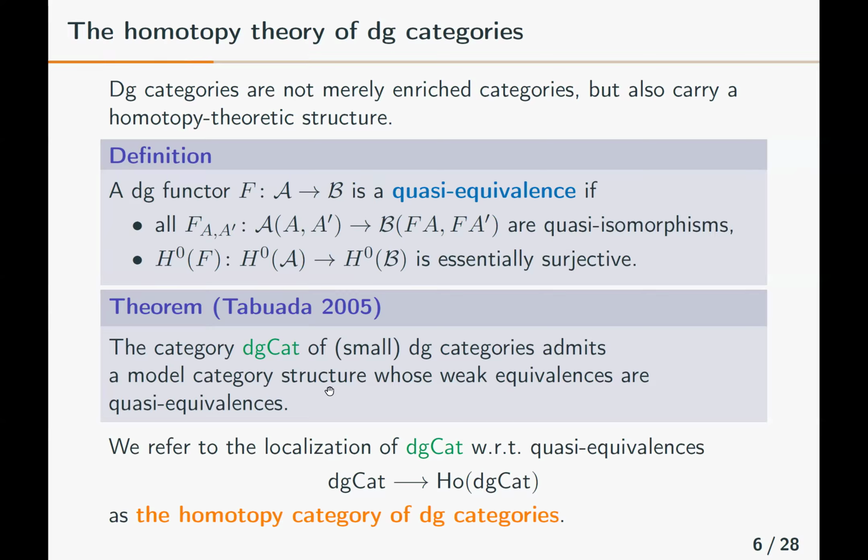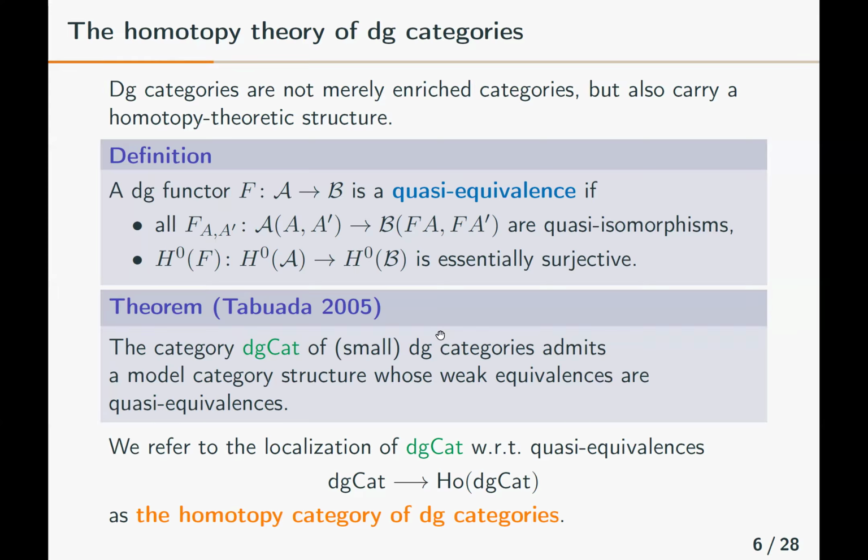For every object A and A prime, the induced homomorphism on hom complexes is a quasi-isomorphism, and the induced functor on homotopy categories H^0 F is essentially surjective. This is a homotopical analog of an equivalence of categories.